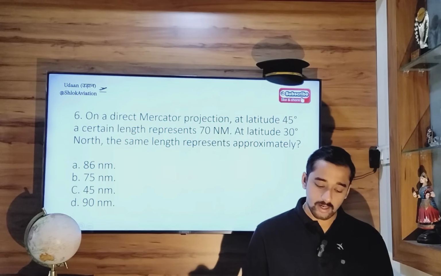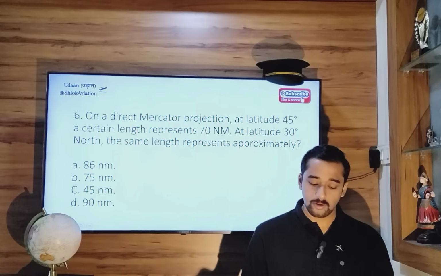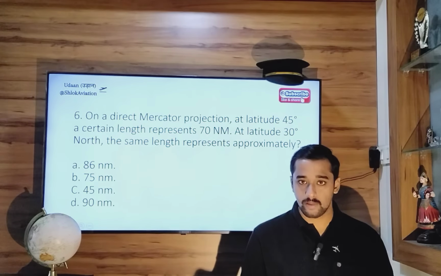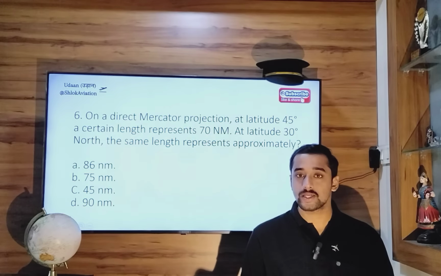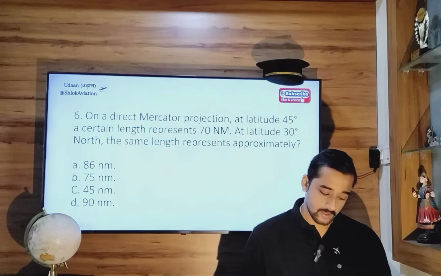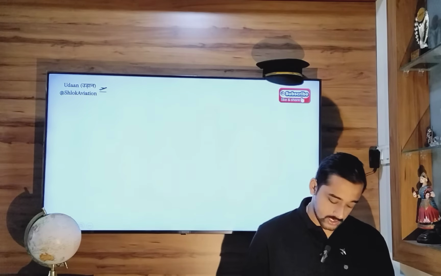On a direct Mercator projection at latitude 45 degree, a certain length represents 70 nautical miles. At latitude 30° north, the same length represents approximately what value? So here they have given us information about two different latitudes.